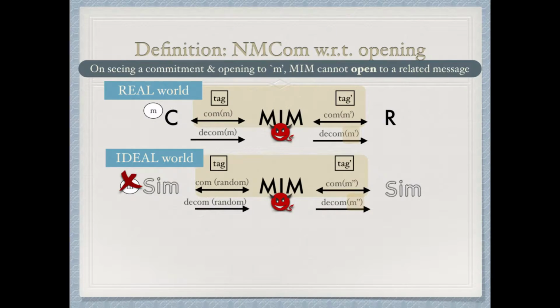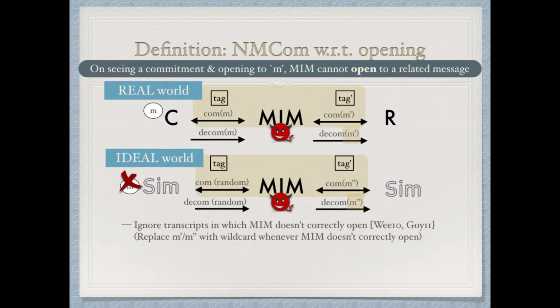So there's an issue here. The man in the middle gets to see the opening on the left. So a man in the middle might decide, whenever I see a decommitment to 0, I'm just going to abort all the time. But whenever I see a decommitment to some particular value, that's the only time I'll function. And this is a trivial man in the middle. So to exclude such men in the middle, we are going to ignore all transcripts where the man in the middle decides to not decommit or decides to give an invalid decommitment.